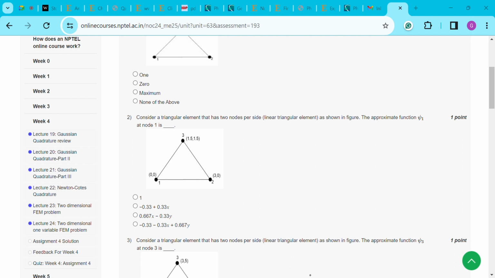the conditions are like this. Bilinear by default means it is a function of two variables. In order to say it's bilinear, it should satisfy these conditions.